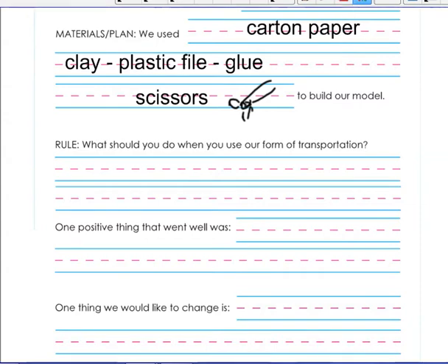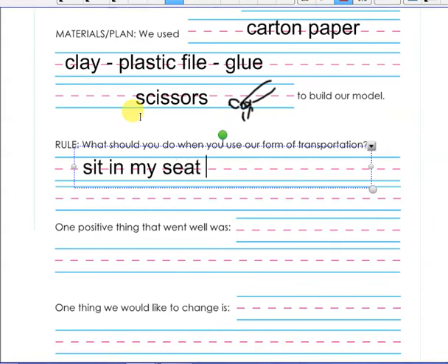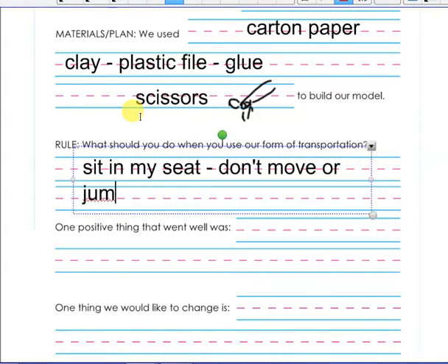So we must sit in our seat, in my chair, and don't move or jump.